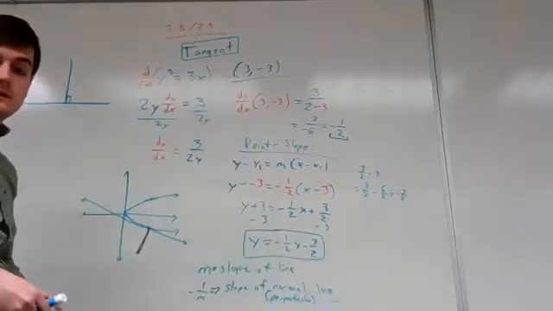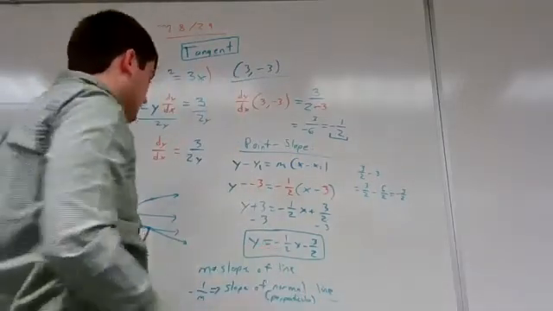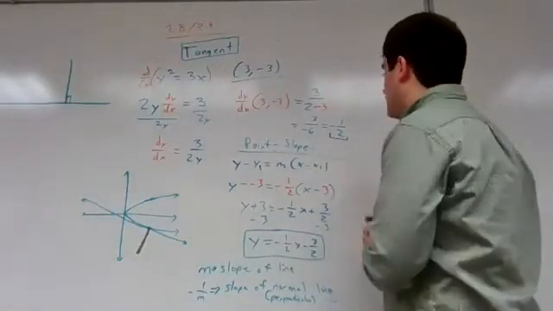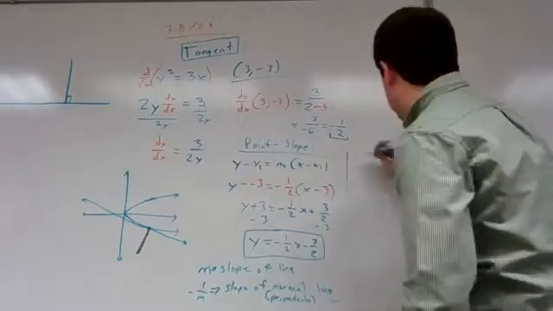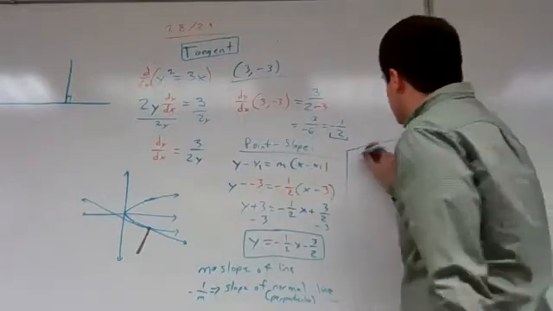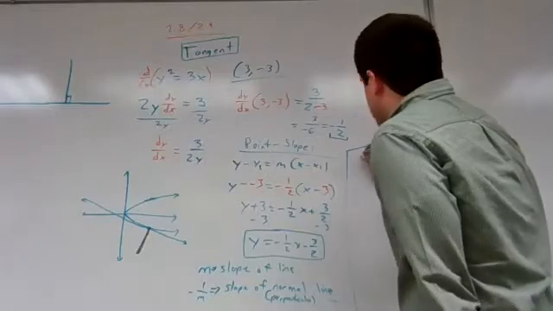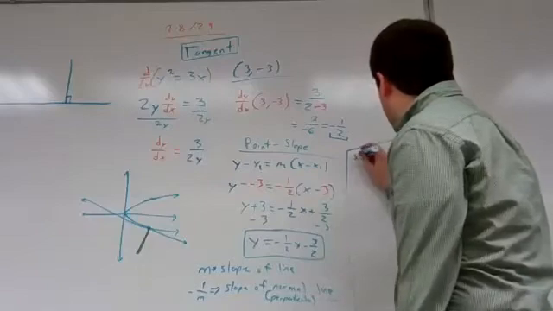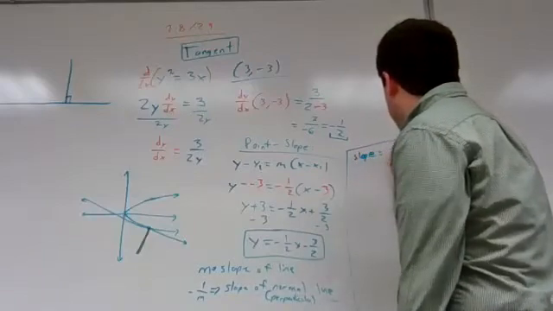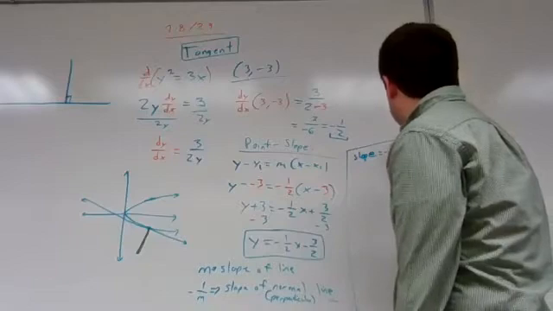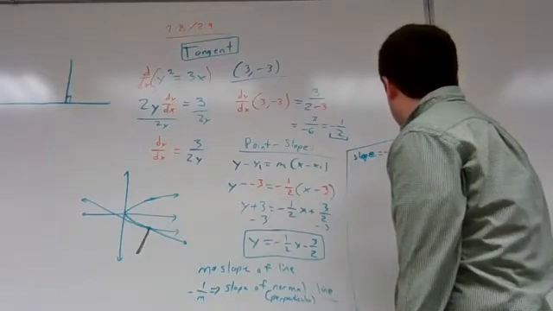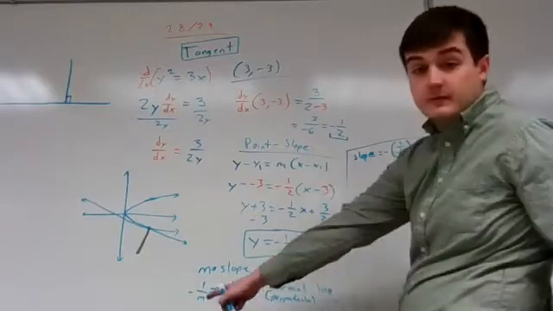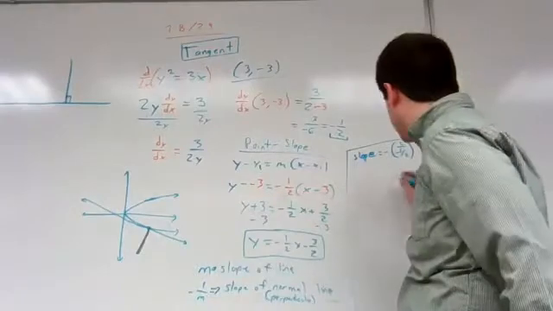Okay, so all I need to do to find the normal line is, first off, I'm going to rewrite this. The slope is going to become my new m, essentially. If m was originally negative 1/2, then the new slope is going to be negative 1 over negative 1/2. Just like from here, I flip and I change the sign.